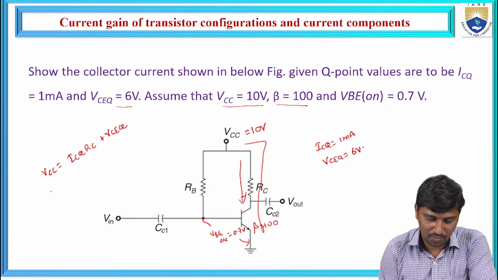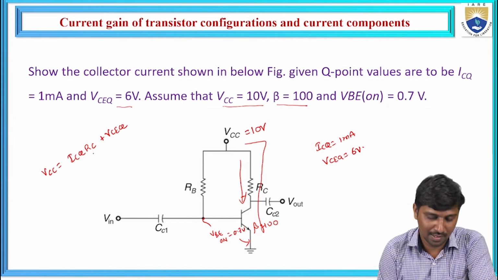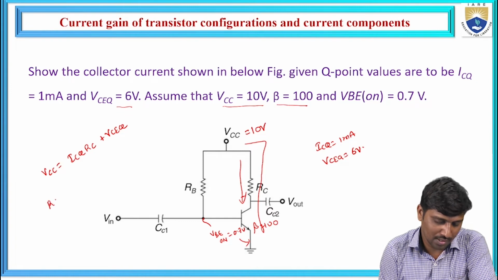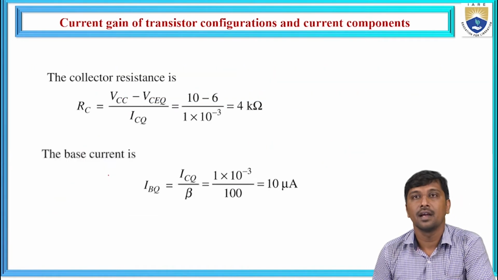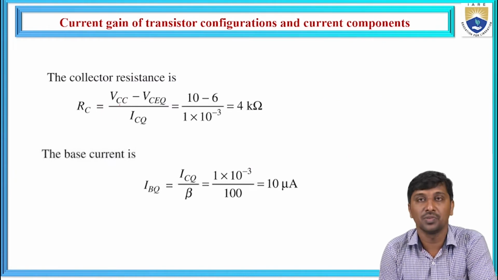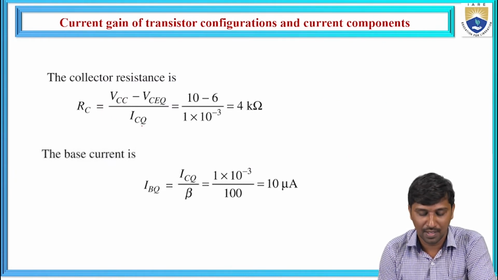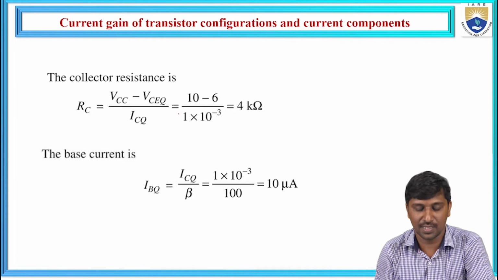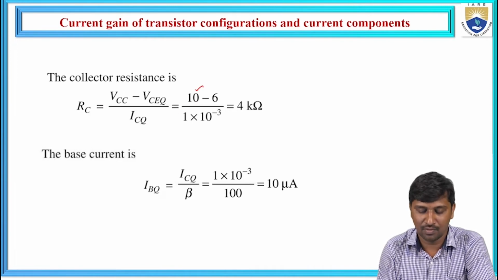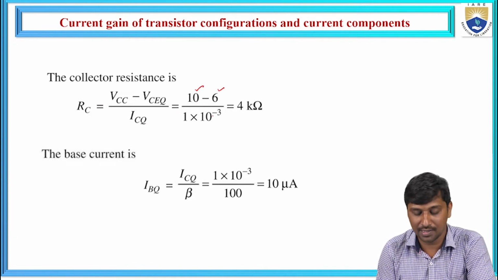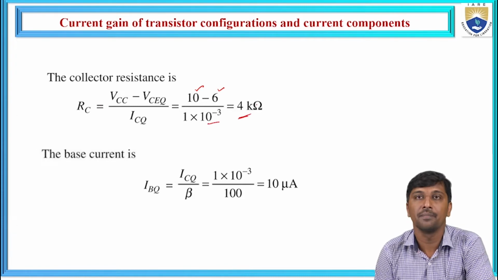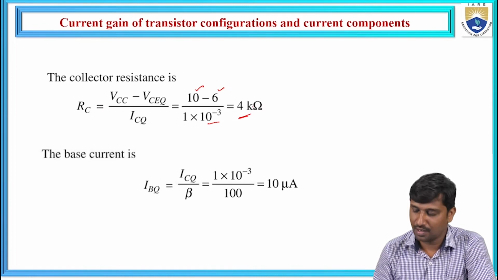In this case, the unknown parameter is RC. Hence I am going to find RC from this relation: RC is equal to VCC minus VCEQ by ICQ. Then we can substitute the given specifications: VCC is 10 volts, VCEQ is 6 volts, and ICQ is 1 milliampere. Then you can observe the collector resistance is 4 kilo ohms.